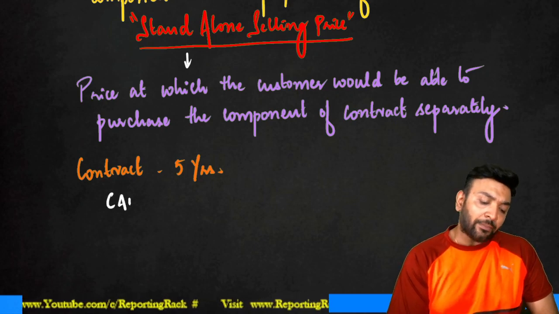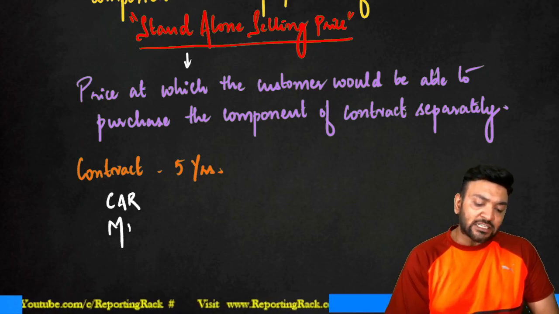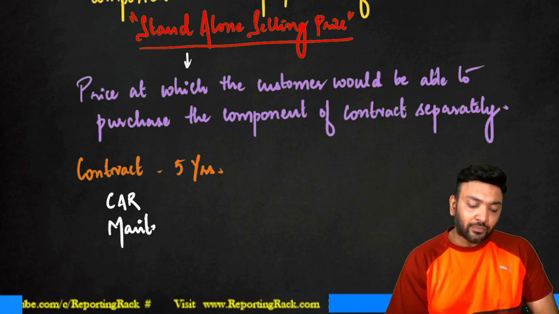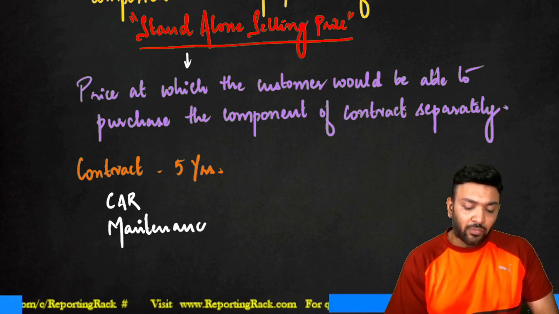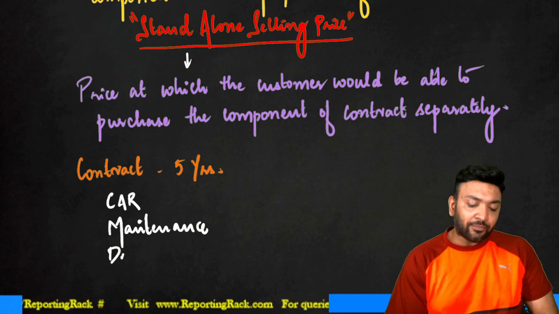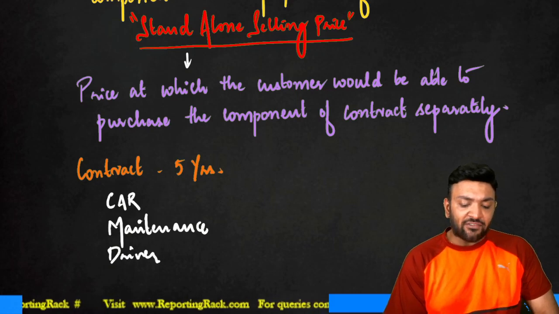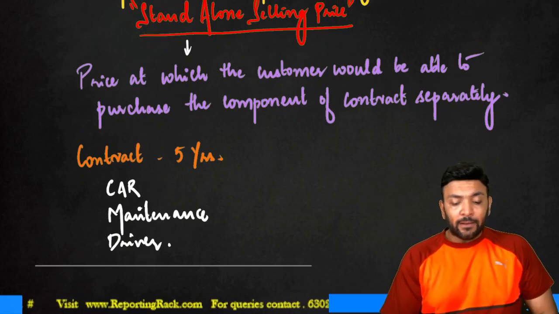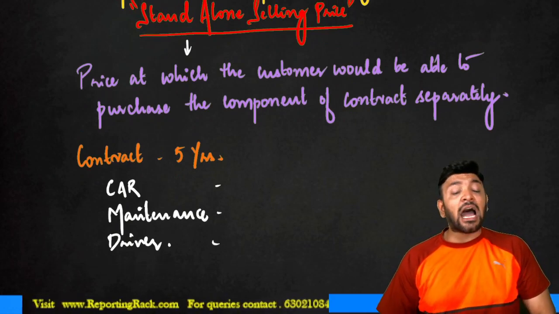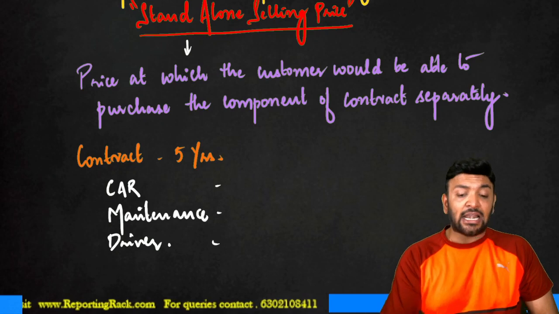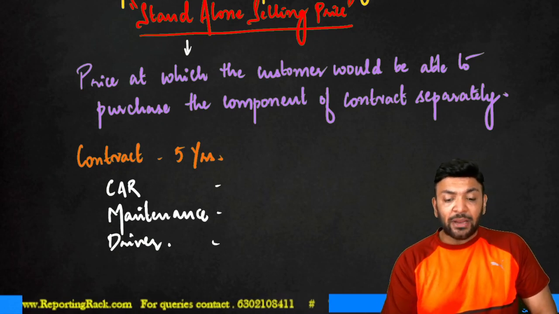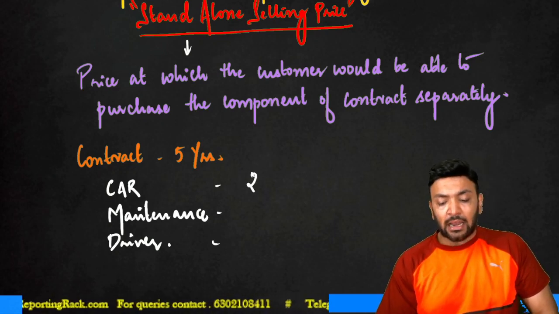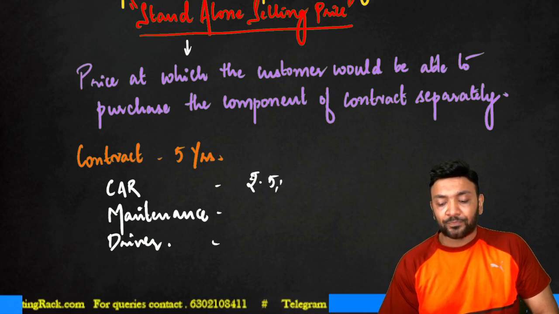One is the car, one is the maintenance, and one is the driver. Service of a driver was also offered to me along with the contract. Let's say for the car, maintenance and the driver, their standalone prices: I would have been able to acquire the car by paying 5 lakhs.